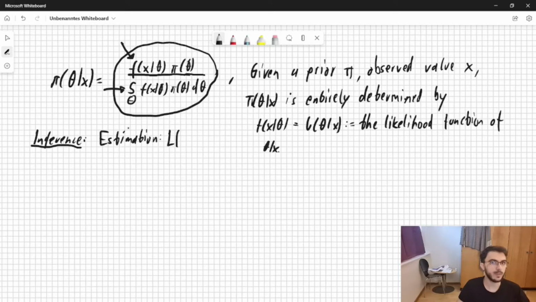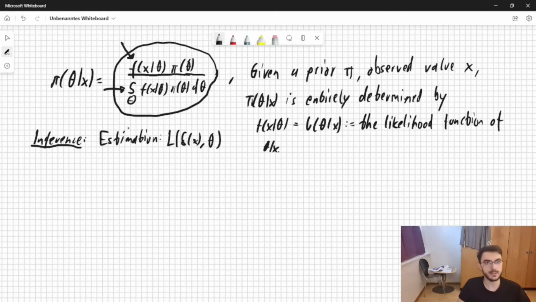So we're going to measure it by some loss function L. This is a bit of foreshadowing; if this is a lot of letters for you, all of these letters are going to be explained in later videos. So we have some estimator delta of x and some value of theta, and then we have a loss function over the whole thing. If the estimator is very close to theta, the loss function is very close to 0.